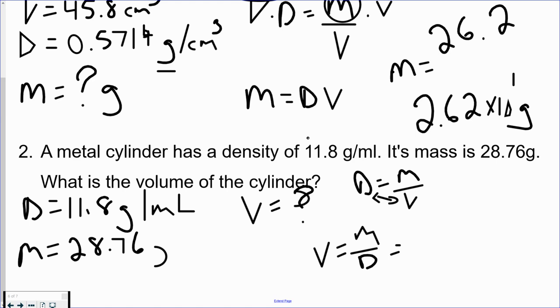Sig fig wise, this has 3, this has 4, so your final answer can only have 3, giving you 2.444, and that would be milliliters. The only unit left for volume is milliliters.